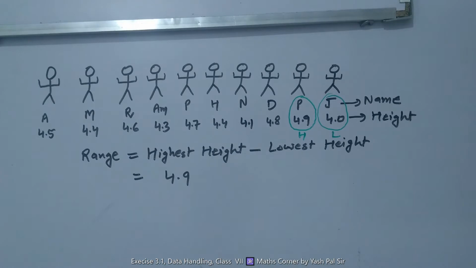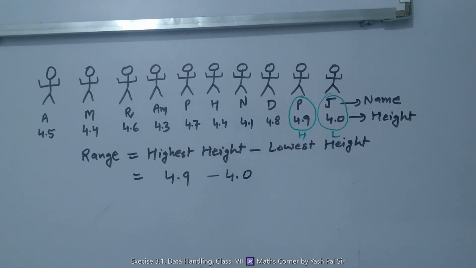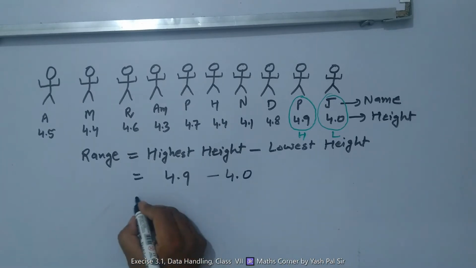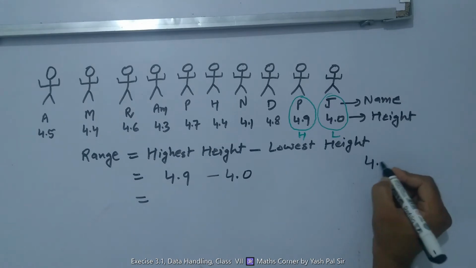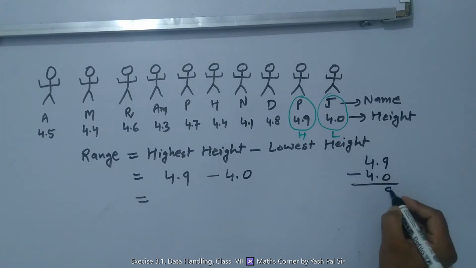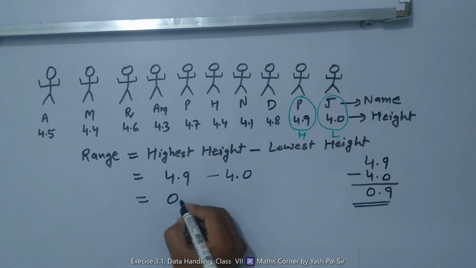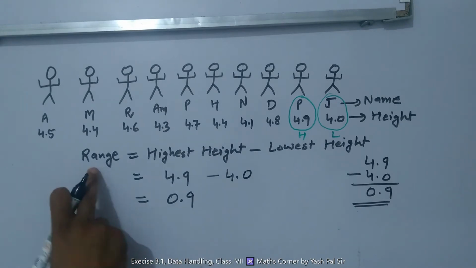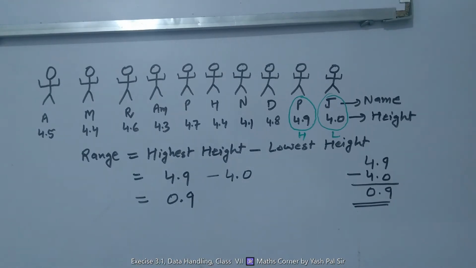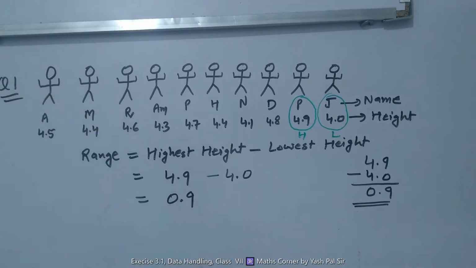So we write here minus 4.0. So what is the answer? 4.9 minus 4.0, subtracting this becomes 0.9. So 0.9 is the range. So this is our question number 1 of the exercise 3.1.